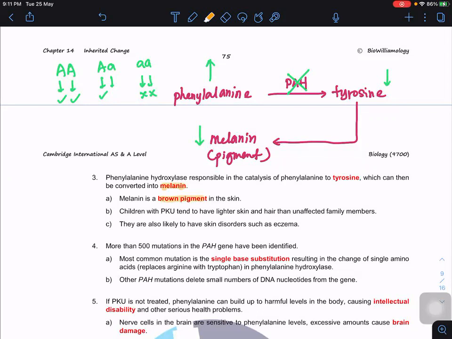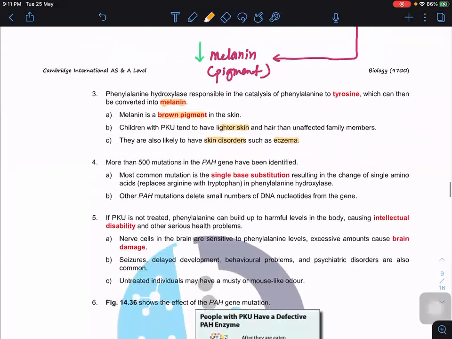But children with PKU tend to have lighter skin compared to unaffected family members, and because of lighter skin, they are prone to skin disorders, for example eczema, because of insufficient pigmentation. It's something similar to albinism, meaning very fair, very light skin compared to a normal person.